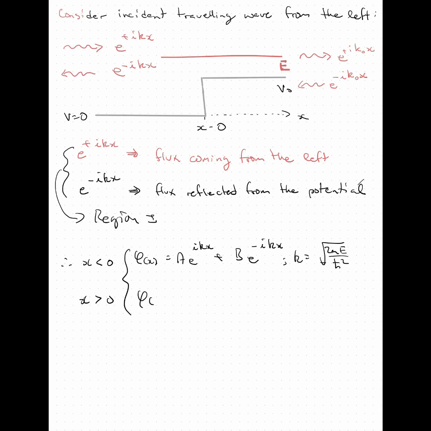And for x greater than 0, we have C e to the i k naught x plus D e to the minus i k naught x, where k naught is root 2m (E minus V naught) over h bar squared.